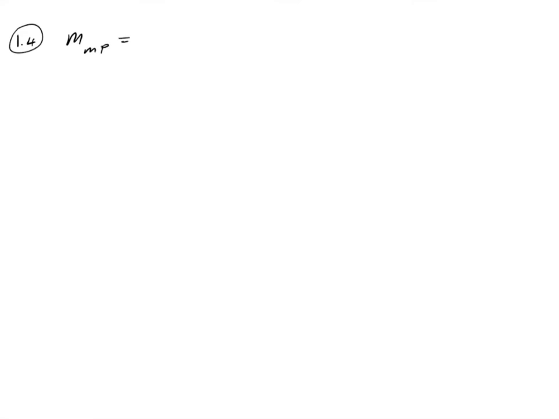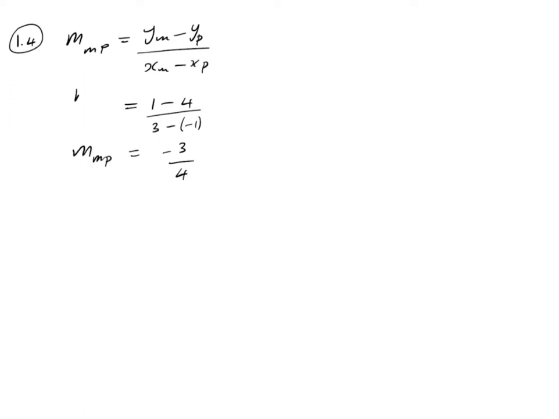The gradient of MP is equal to y at M minus y at P over x at M minus x at P. Then we substitute the coordinates. It's going to be 1 minus 4 over 3 minus negative 1. This is the same as minus 3 over 4. So now that is the gradient of MP.